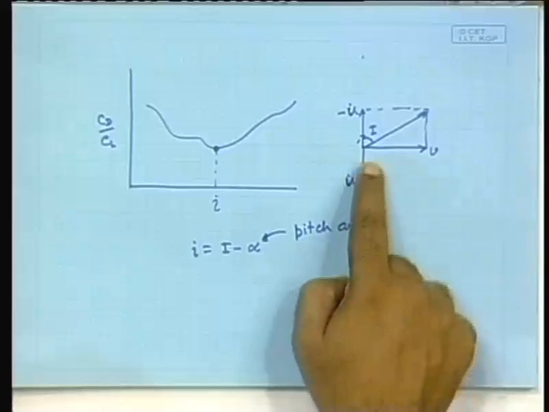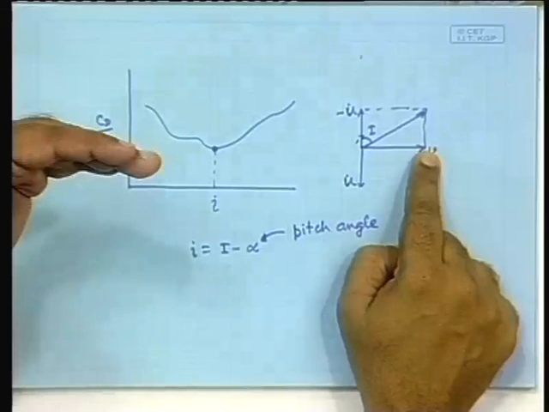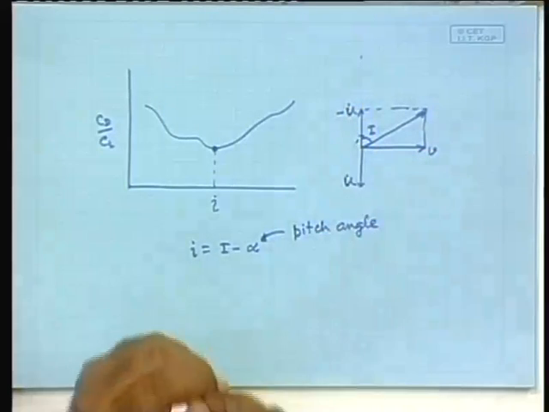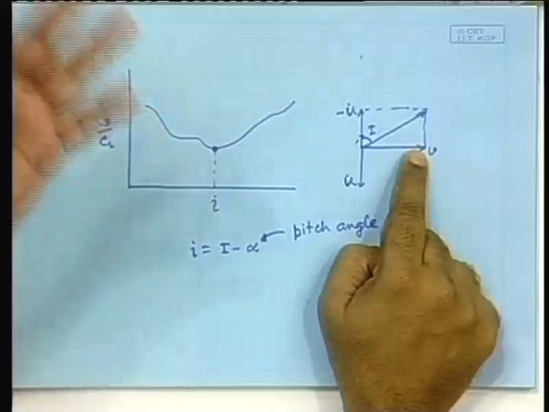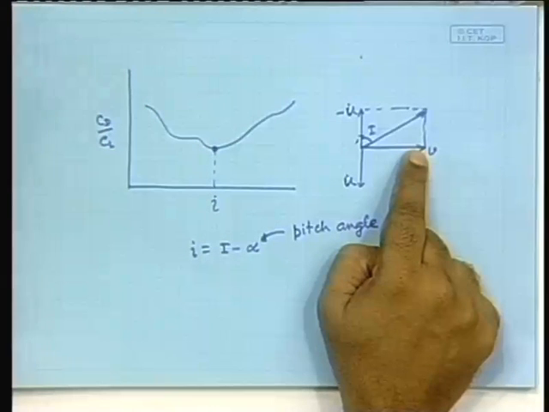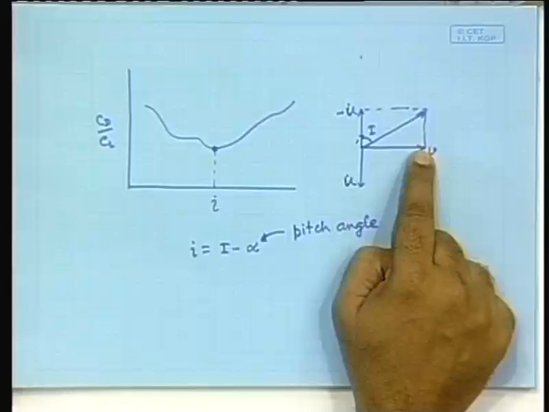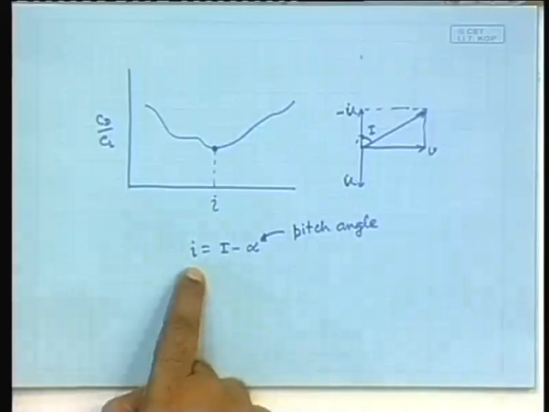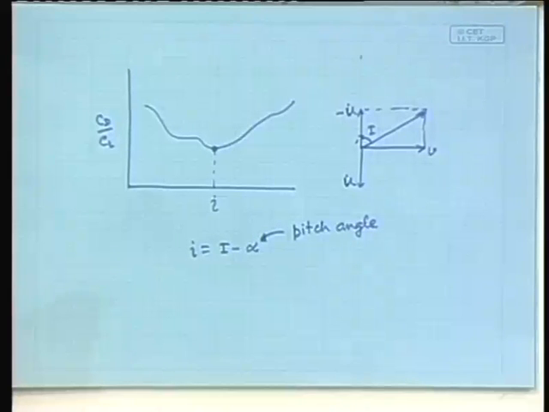You would notice that V, the wind speed, also varies from time to time. It varies from inner edge to the outer edge, but it also varies from time to time because it depends on the wind speed that is coming, which is not in your hand. So this is also varying. If this also varies, how can you still keep the I constant? By changing the pitch angle.